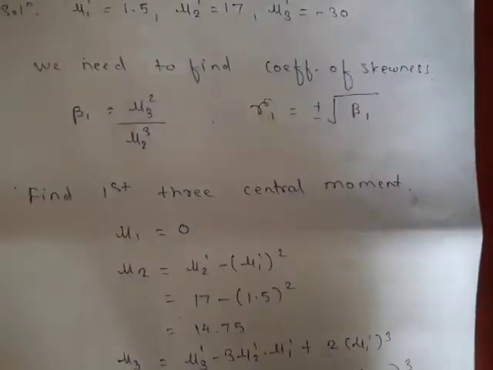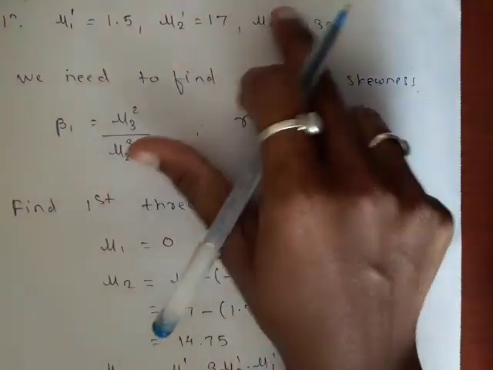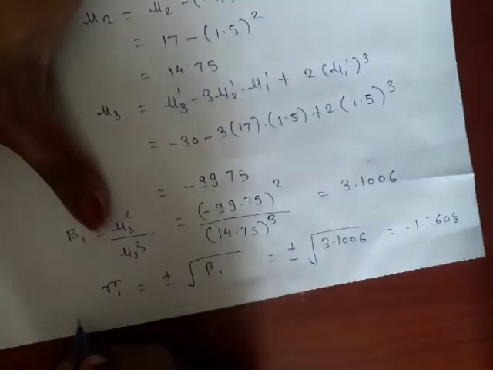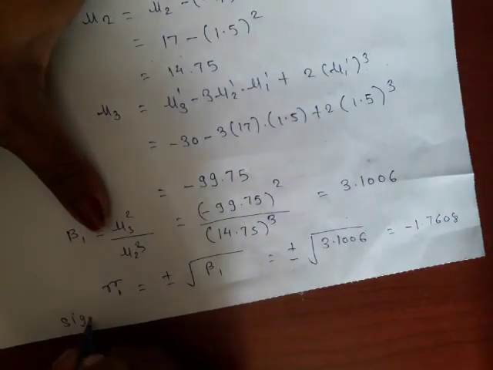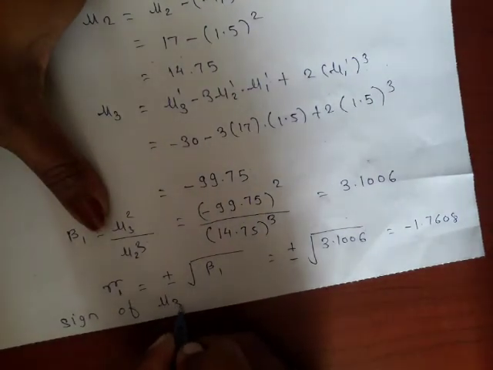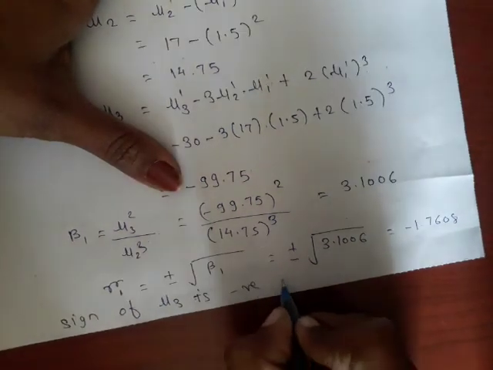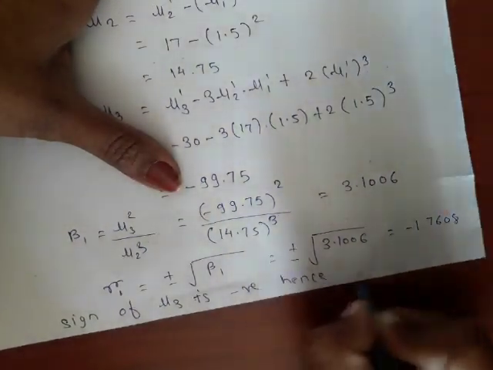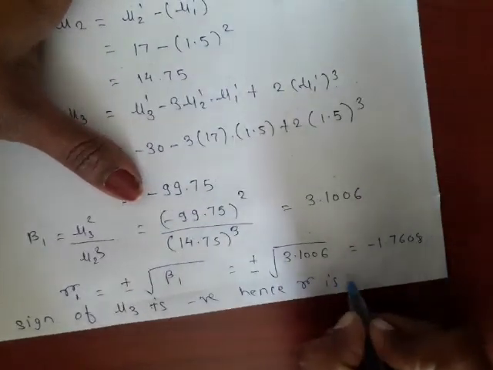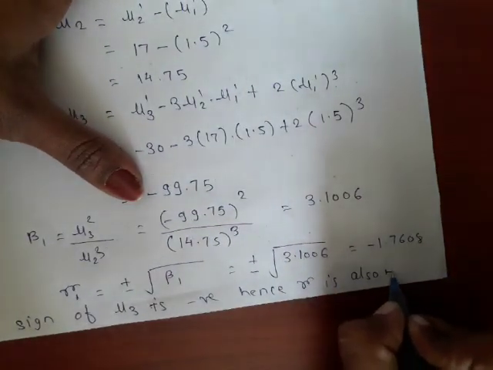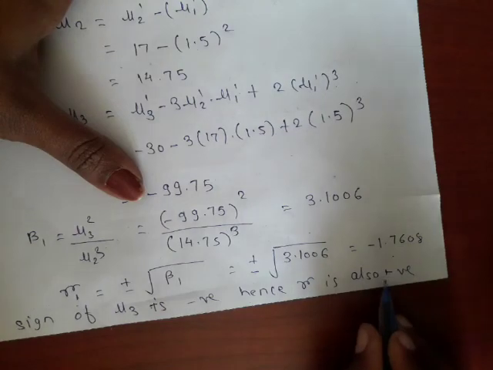Also we interpret the result: since the sign of mu3 is negative, gamma 1 is also negative. Here the sign of gamma 1 is negative.